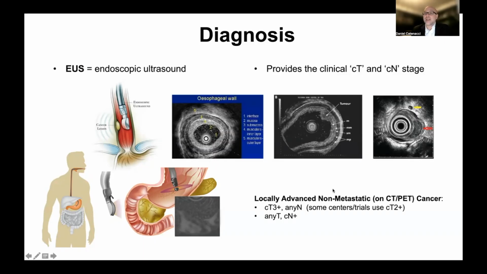A locally advanced cancer, on the other hand, would be considered a T3 or higher, T3 or T4, no matter what the nodal stage is, or any T, but with a positive lymph node, one or more lymph nodes positive on the endoscopic ultrasound. And for example, you can have a T1 N1, and that would be a locally advanced non-metastatic cancer, as long as it wasn't seen to be metastatic on the CT scans or PET scans.